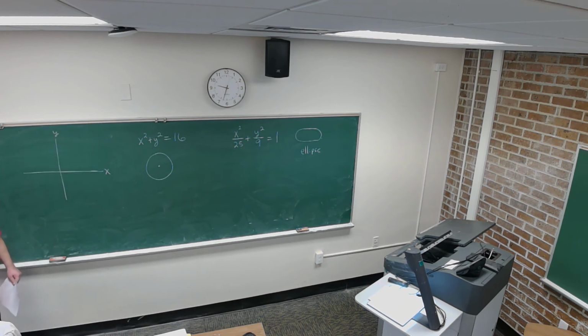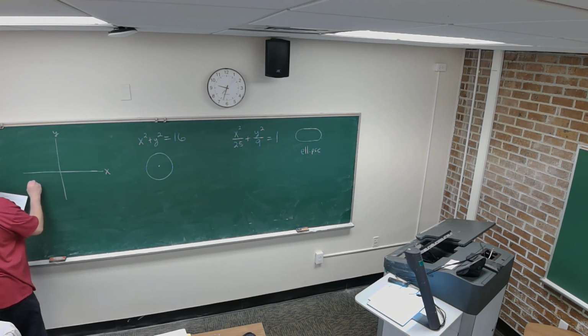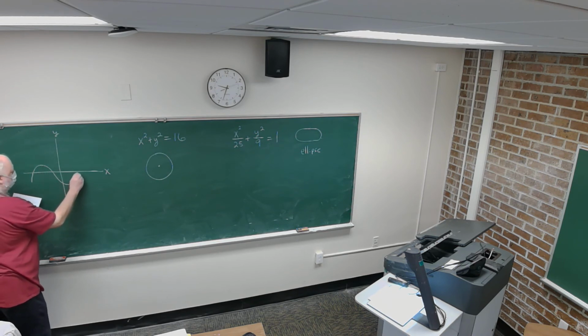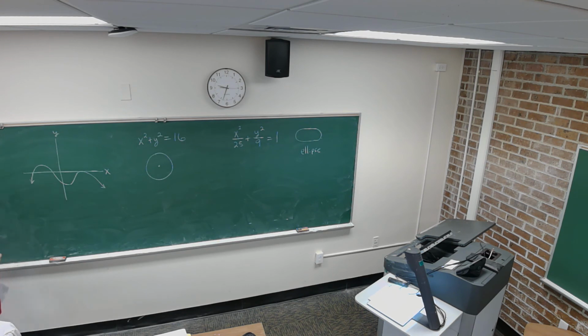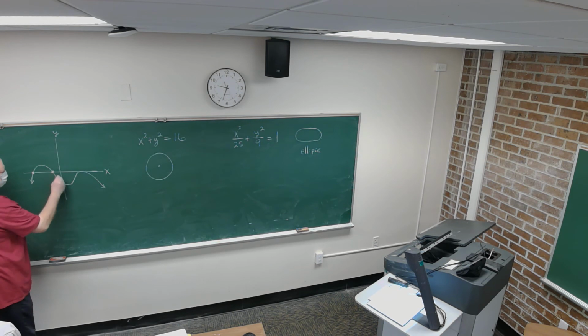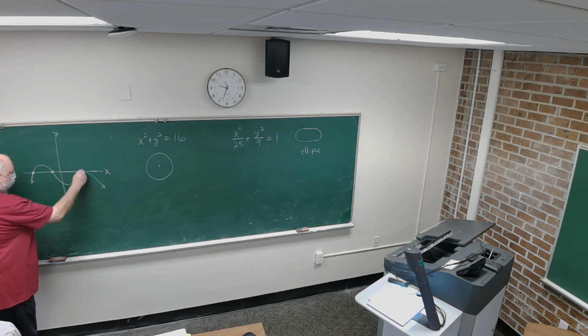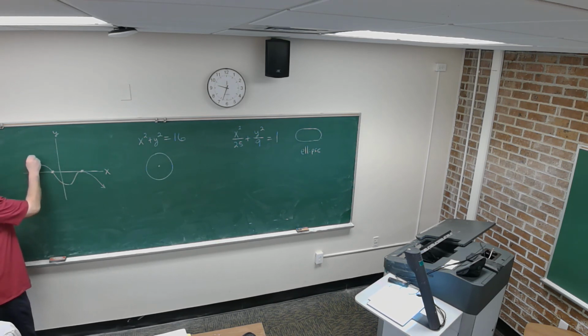And I'm just pulling it out of the air. Okay? So here is the graph of an equation, okay? X and Y axis, graph of an equation, okay? Where it crosses the x-axis, here, here, and here, those are the x-intercepts.